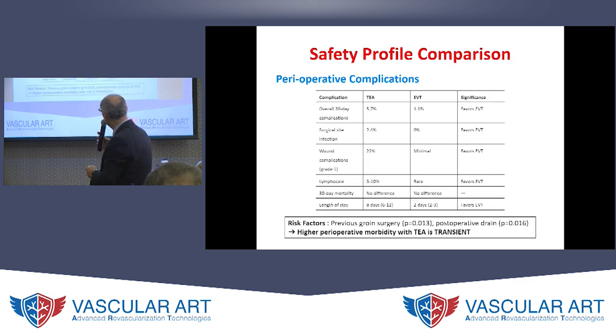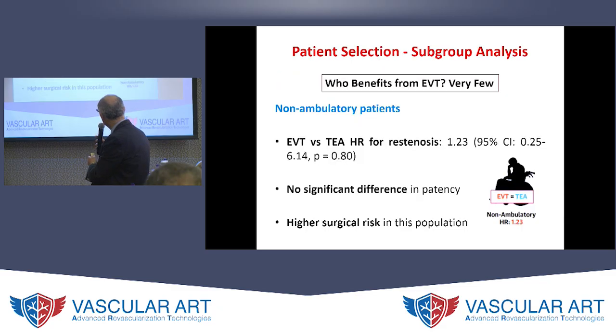The safety profile, I think it's understandable that perioperative complications and mortality are more in favor of endovascular procedures, but it is a balance. You are weighing those risks against residual stenosis and long-term patency.